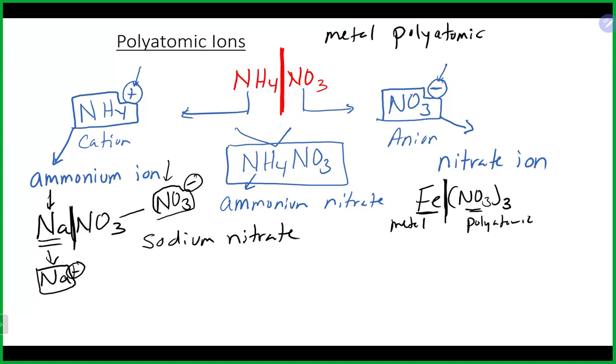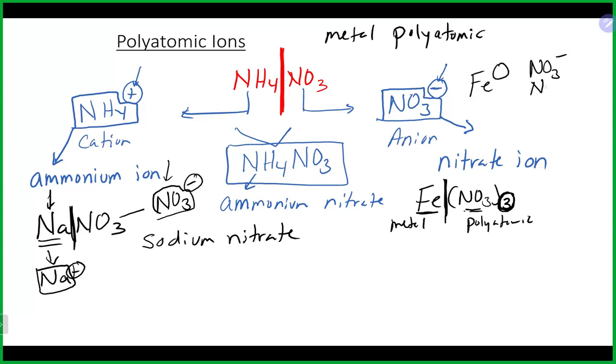And you also, again, need to figure out the charge on the iron. So in this case, we have 1 iron. NO3 is NO3 minus. And there's not just one of them, right? There are 3 of them. Parentheses, we got 3 of whatever's in the parentheses.